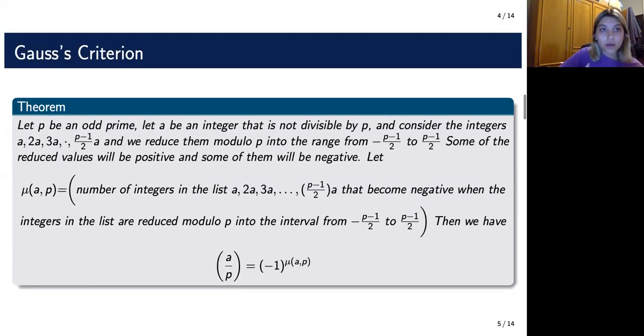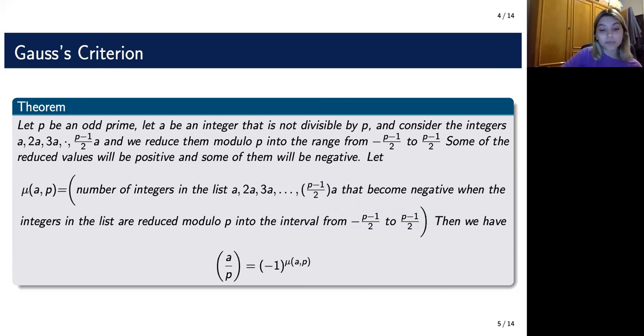And now I want to explain Gauss's Criterion. Let P be an odd prime and A be an integer that is not divisible by P. And we are gonna create a list of integers like A, 2A, 3A, etc. When we reduce these numbers modulo P, some of them are gonna be positive and some of them gonna be negative.